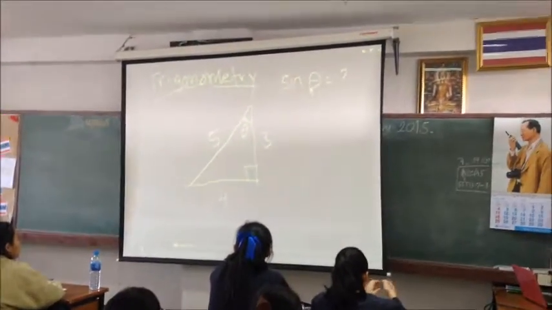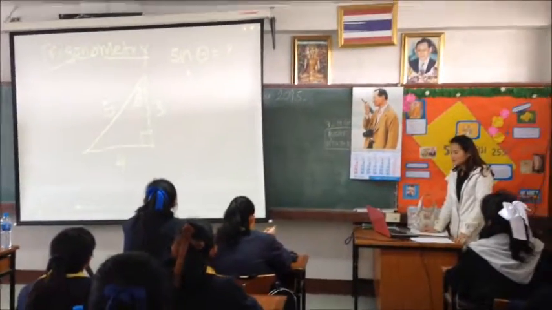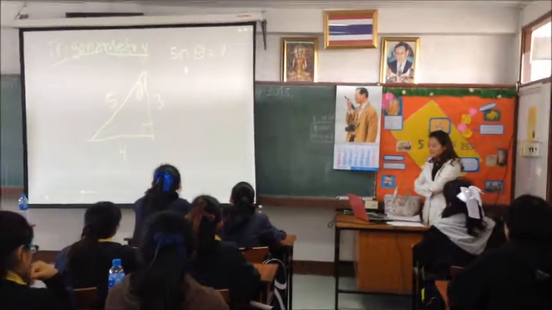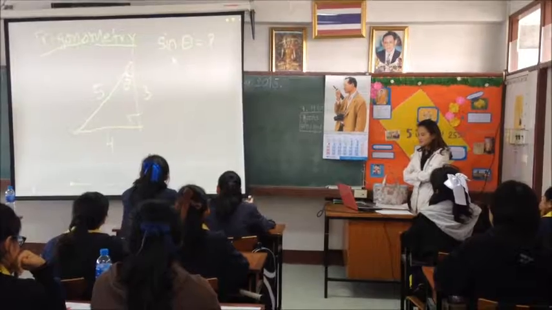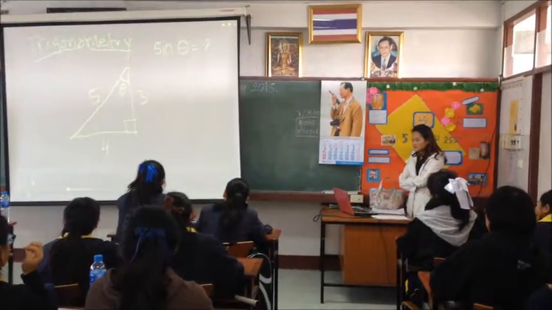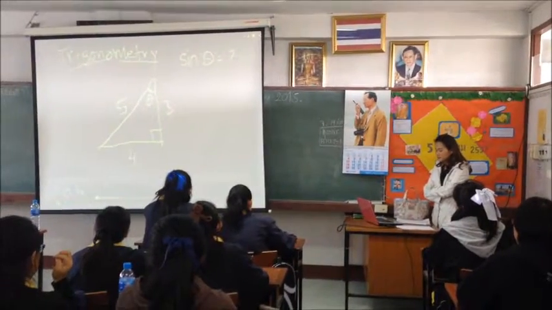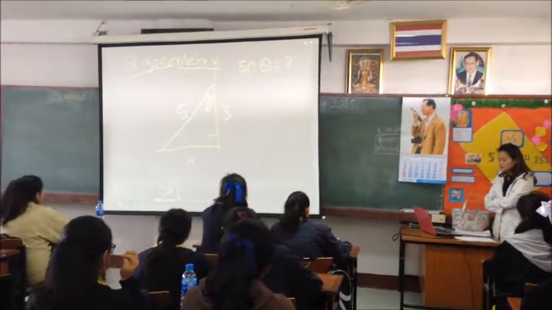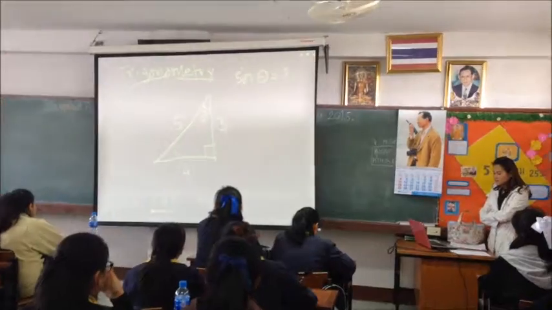Before we solve the sine of theta, I'm just going to throw out a mnemonic that I remembered when I was in school, and I carried it every time. Every time I have a trig problem, I actually write it down on the paper, or at least repeat it to myself. This is SOHCAHTOA.